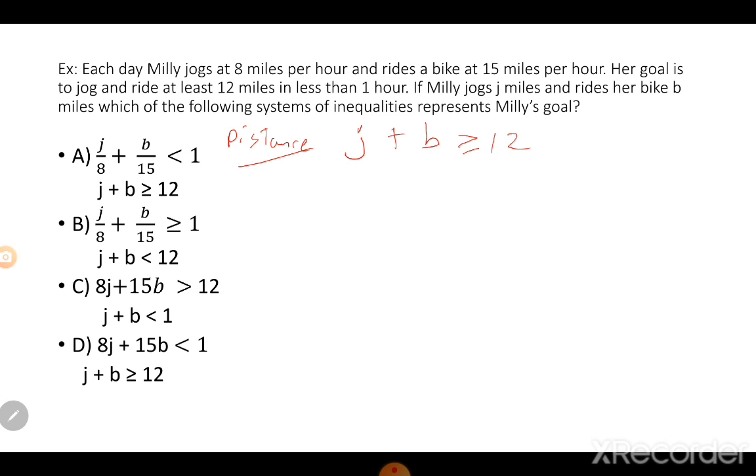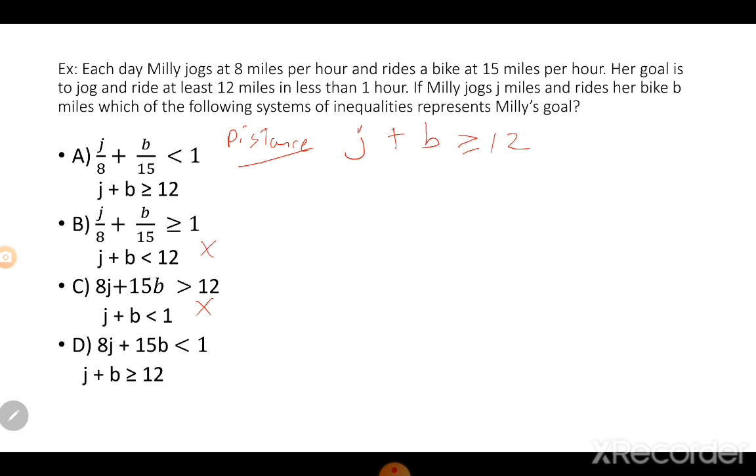All right, so that means that choice B we can get rid of. And choice C we can get rid of because it doesn't match what we know should be the inequality, that j plus b is greater than or equal to 12. Okay, so now we want to deal with time.